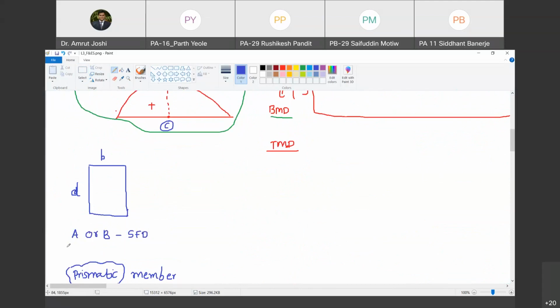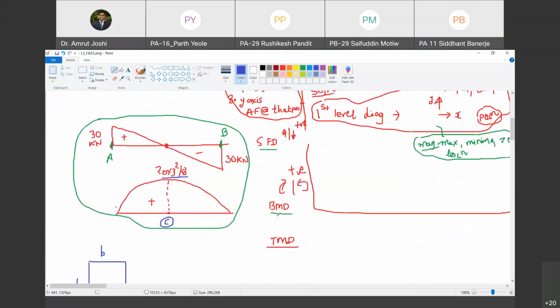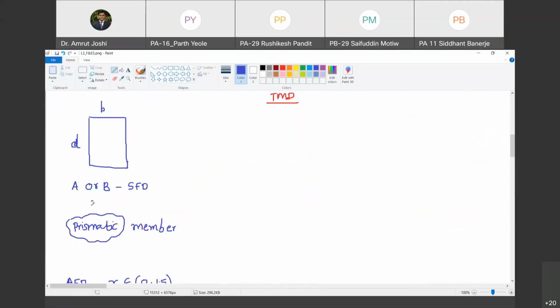Yes, sir. And whenever I am talking about the bending moment diagram, it will be taken at C. So even though the cross section looks same, the location where it has been taken is different. The molecules that you are considering are different. Are you with me? Yes, sir.